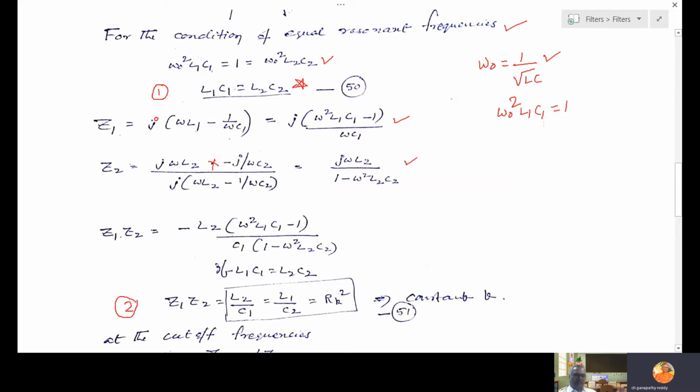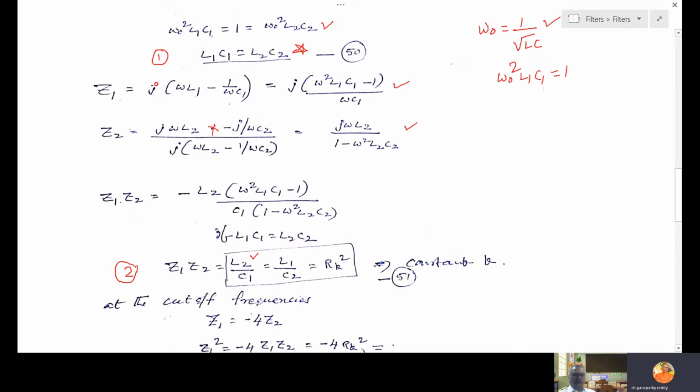Simplify, you will get this. Now we are looking for Z1 Z2. Multiply carefully. Substitute L1 C1 equal to L2 C2, and this cancels. It becomes L2 by C1. So Z1 Z2 is equal to L2 by C1.